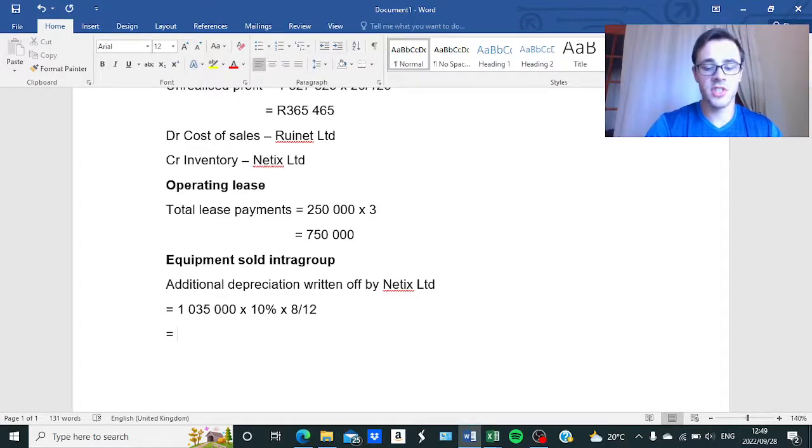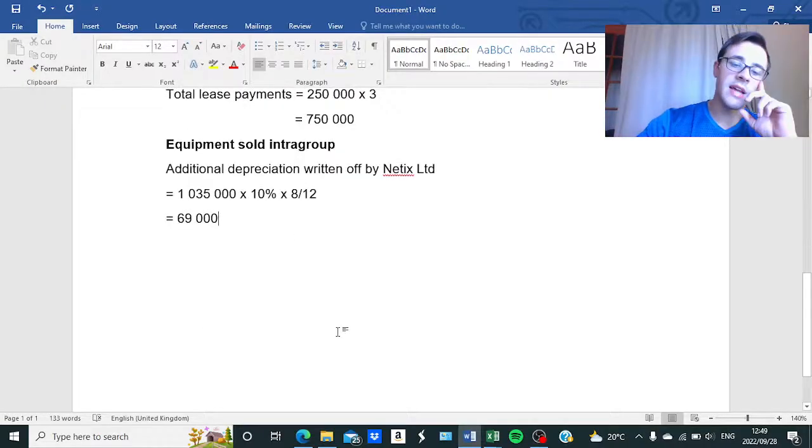So the additional depreciation written off should amount to 69,000 Rand in total. Now before we go further, remember we still need to split this between the pre and post acquisition periods, or we need to determine whether it must be split.